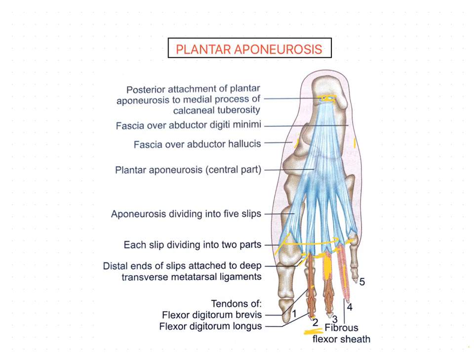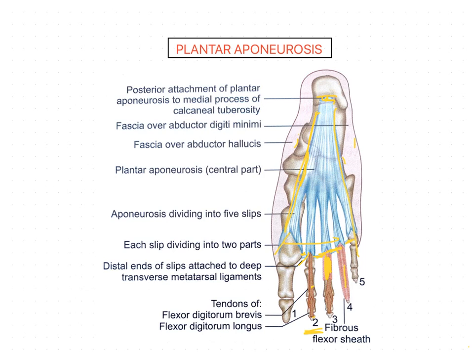And also the deep transverse metatarsal ligaments. From the medial and lateral margins of the aponeurosis, it forms the medial and lateral vertical intermuscular septa, which pass deeply and divide the sole into 3 compartments.